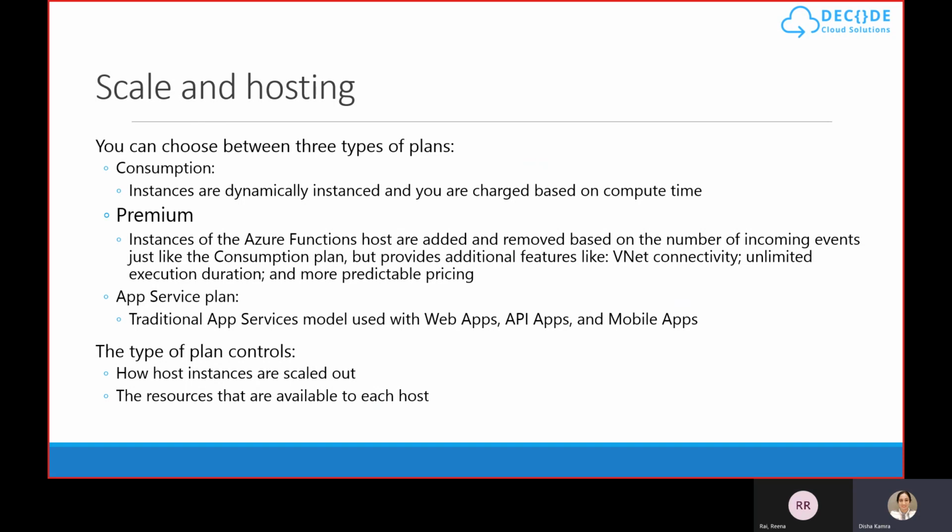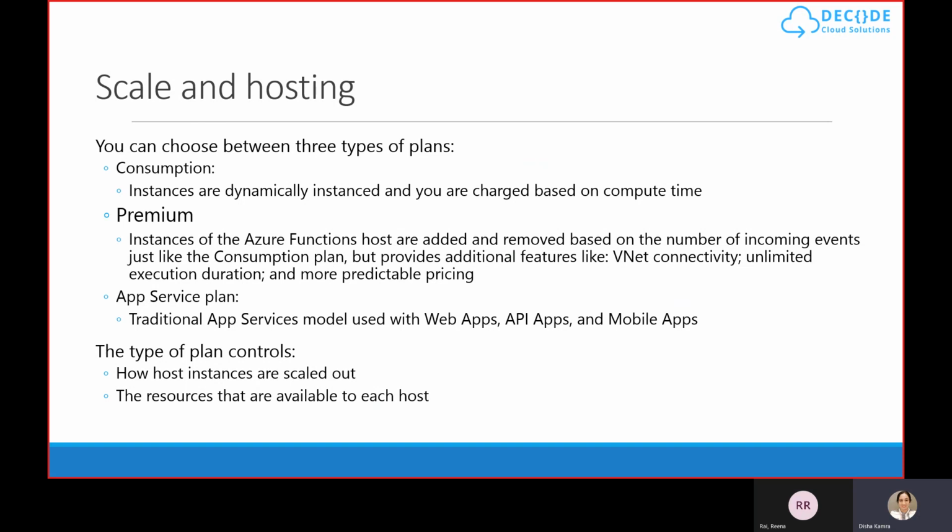But premium plans support features like VNet connectivity, unlimited execution duration, and premium instance sizes like 1 core, 2 core, 4 core instances, and it is more predictable for pricing. Instead of billing per execution and memory consumption, billing for the premium plan is based on the number of core seconds and memory used across needed and pre-warmed instances. At least one instance must be warm at all times per plan.